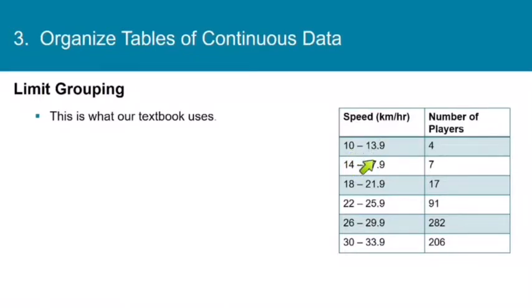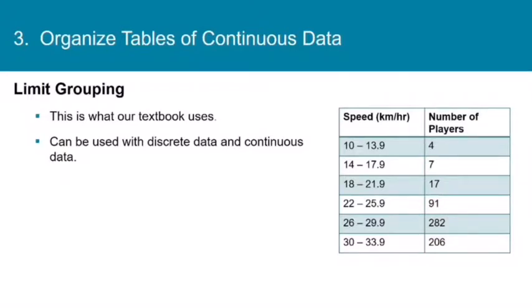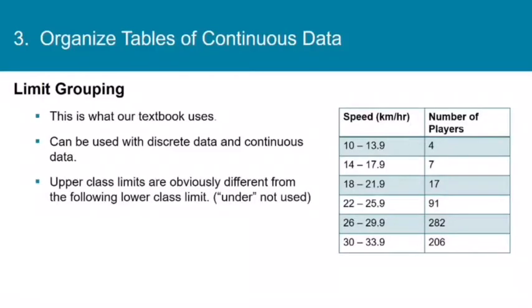So everything will fall in one class or another. This is the same type of thing we were doing with our discrete data. So I think that's one reason that our book likes the limit grouping method, is that it's not a change from what we were doing before.